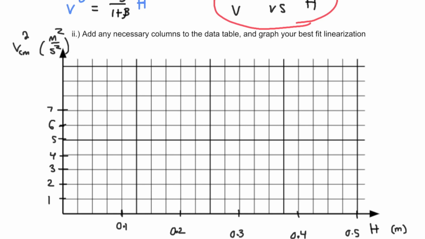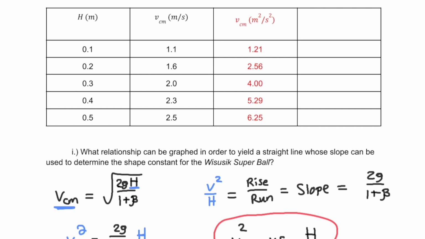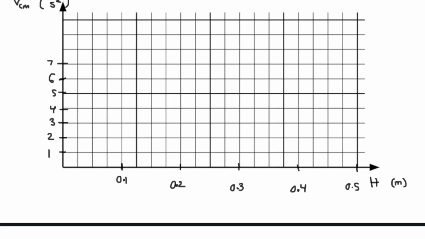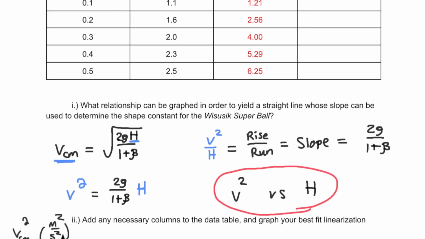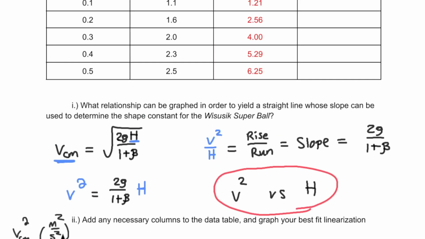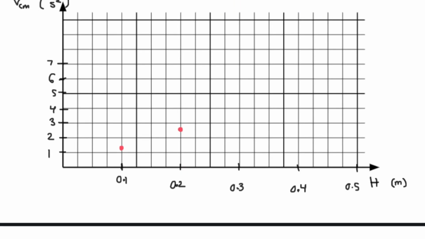All right, now we'll plot our points. So we have a point when h is 0.1, velocity squared is 1.21, so that's out here. Then 0.2, we get 2.56. It's about right here. Then for 0.3, we get 4 on the dot.